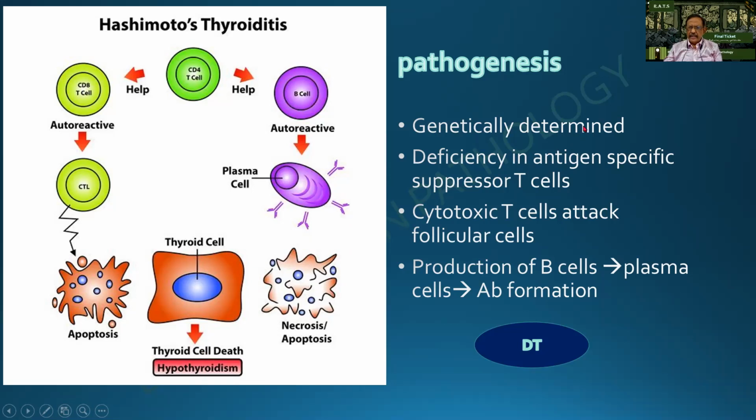So it can be genetically determined, and there is a deficiency in the antigen-specific suppressor T cells. As a result of which, you find that there is increased amount of cytotoxic T cell activity on the follicular cells. Also, there can be the production of the B cells and the plasma cells leading to the antibody formation. Please draw this diagram.